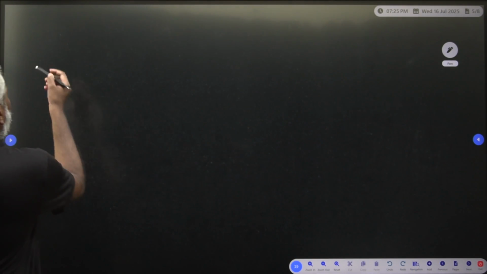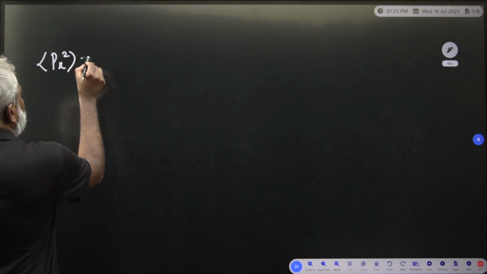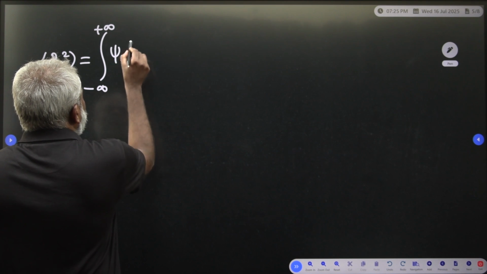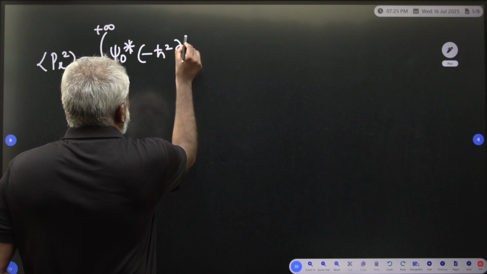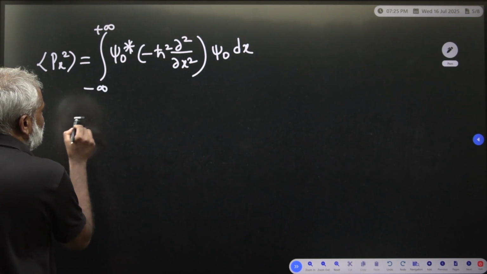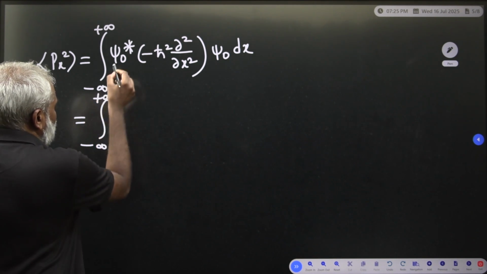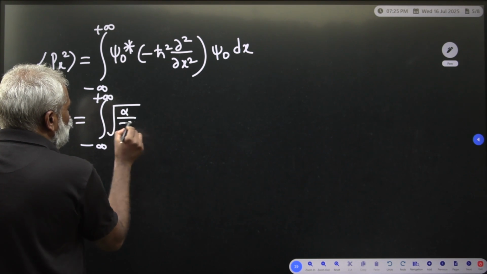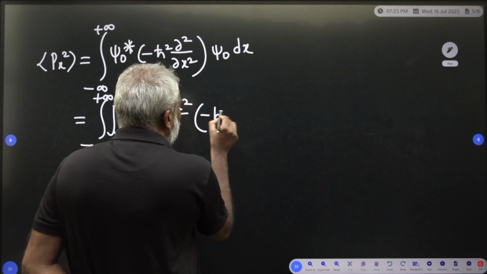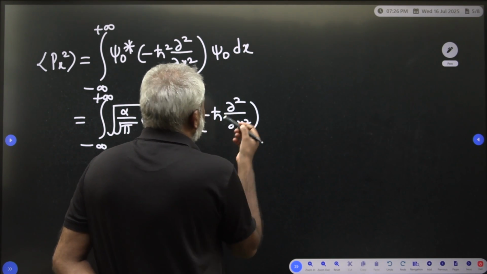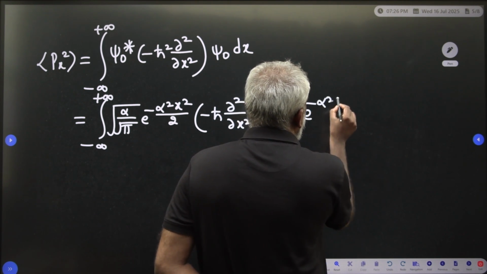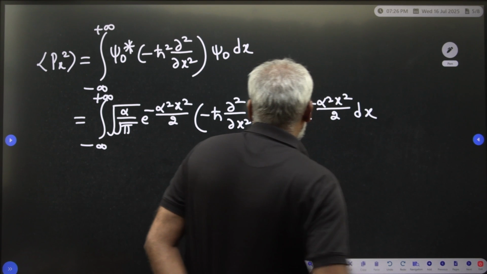Mean px square is equal to the integral from minus infinity to plus infinity of psi 0 conjugate into minus h cut square into dou square by dou x square into psi 0 dx. Now substitute psi 0: psi 0 conjugate is equal to root alpha by root pi into e to the power of minus alpha square x square by 2, into minus h cut square into dou square by dou x square, into the square root of alpha by root pi into e to the power of minus alpha square x square by 2, into dx.